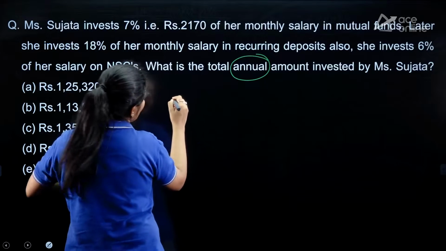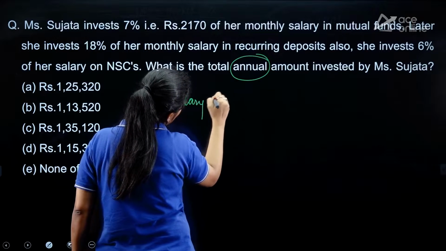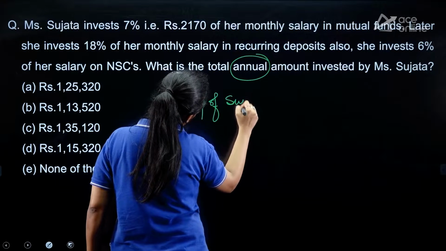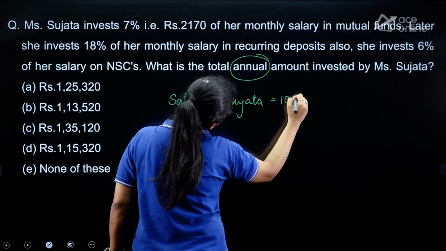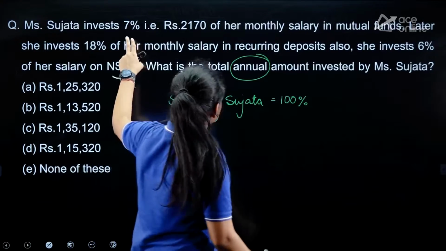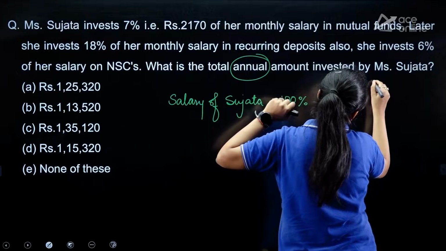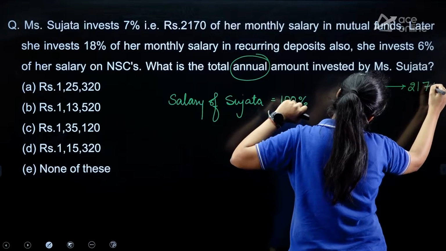So, if we want to find out the salary of Sujata, we can say that this is nothing but 100%, where we are having the value of 7%, which is nothing but equal to 2170.